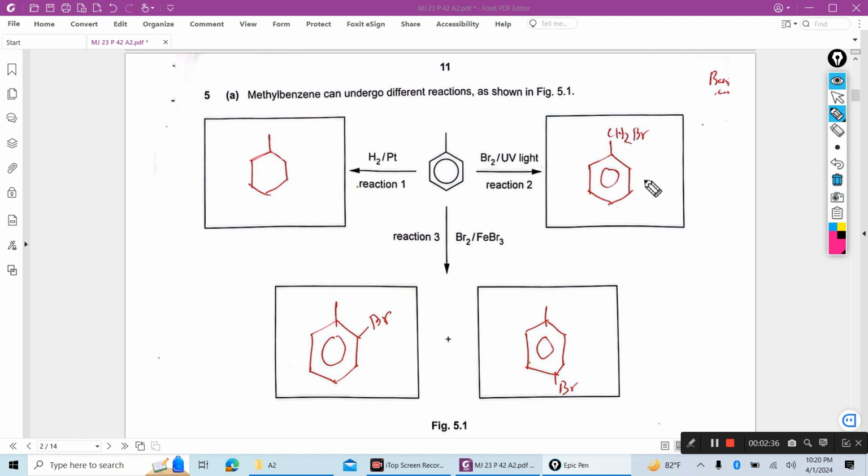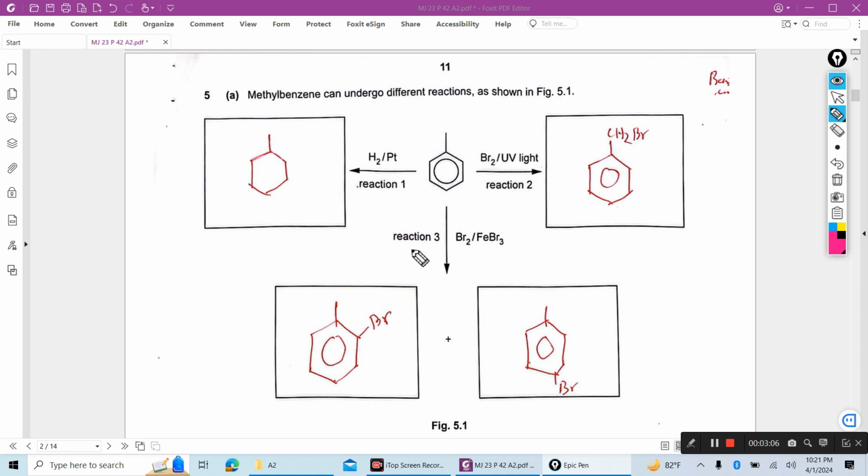All the double bonds will break down and methylcyclohexane will be formed. This is an addition reaction. Methylbenzene reacts with hydrogen in presence of platinum catalyst to form methylcyclohexane.